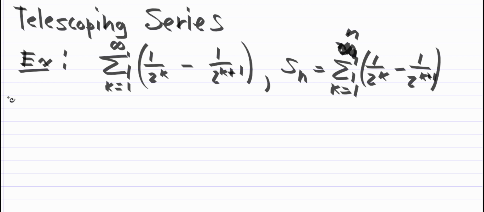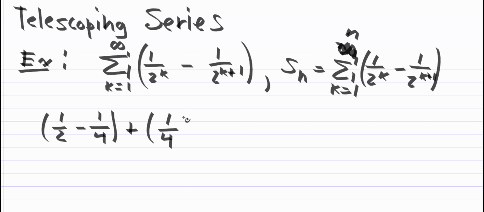And so let's expand out terms to just figure out what we're doing. So I'll have 1/2 minus 1 over 2 to the 1 plus 1. That's the first term in the sequence. So that'll be 1/2 minus 1/4. And then I'll have plus, just like a telescoping sequence, 1/4, but then I have 2 to the next higher power, which will be minus 1 over 8.